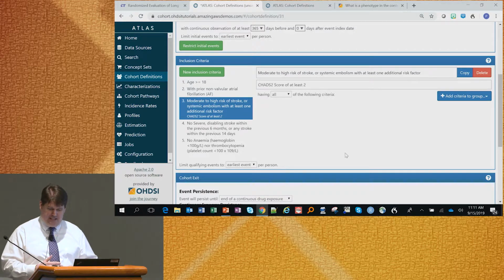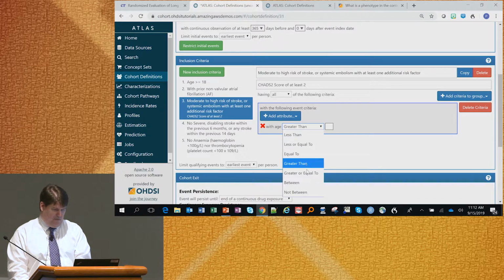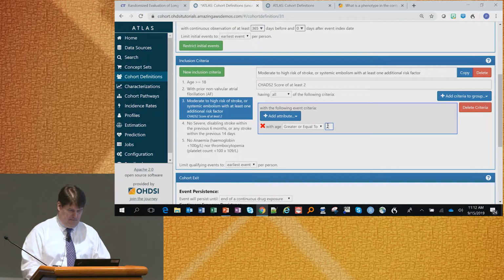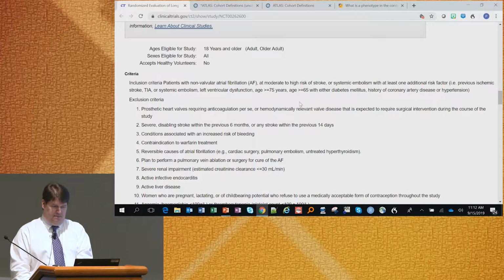So the first one is their age is greater than 74. So I'm going to add a demographic again, and we're going to say age greater than or equal to 74. Do you all trust me on this, or do you want me to show you how that was described here? They're saying previous stroke, systemic embolism, left ventricle dysfunction, age 75 years.